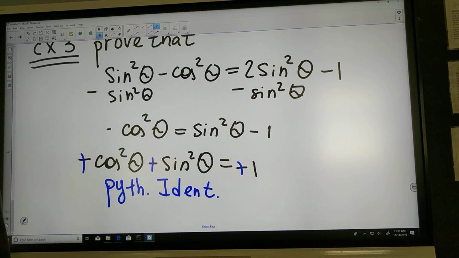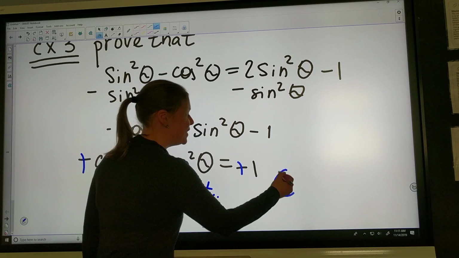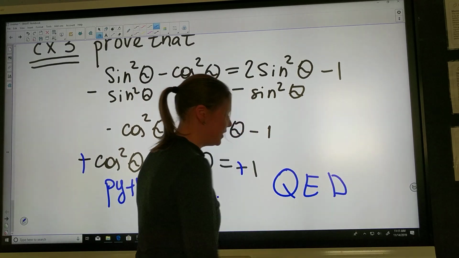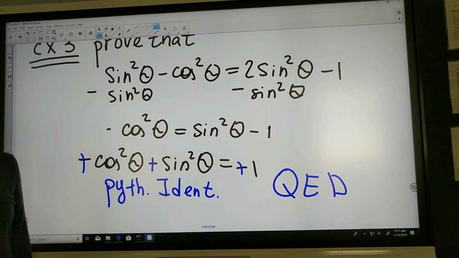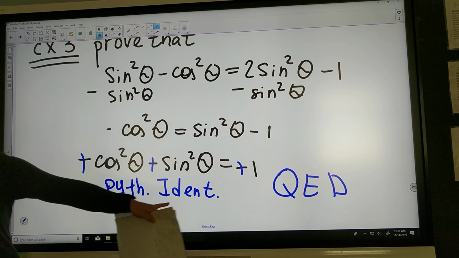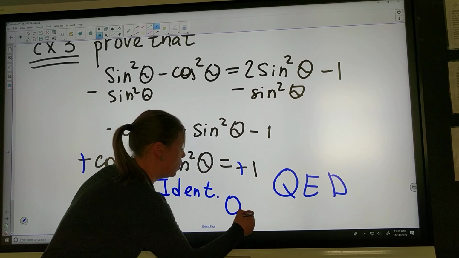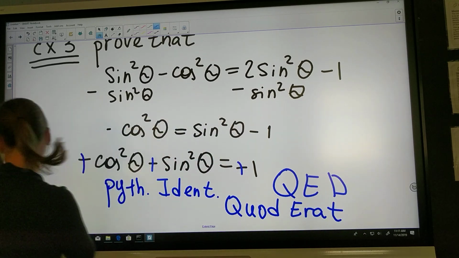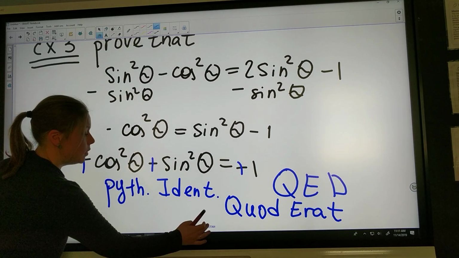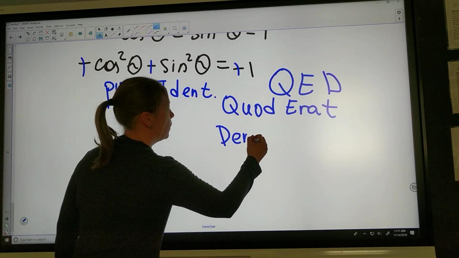And you know what mathematicians say when they're done? Teenagers say period, and mathematicians say QED. QED. Quod erat demonstrandum. That means that's what I proved. I'm done. Say that again? Quod erat demonstrandum, I will write it down.